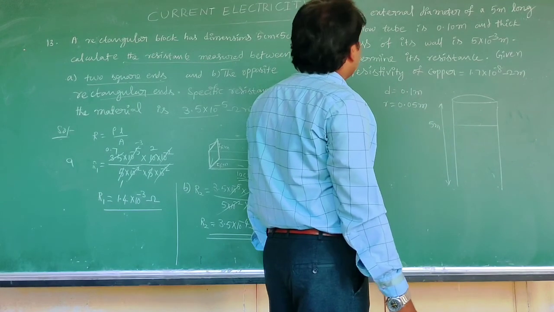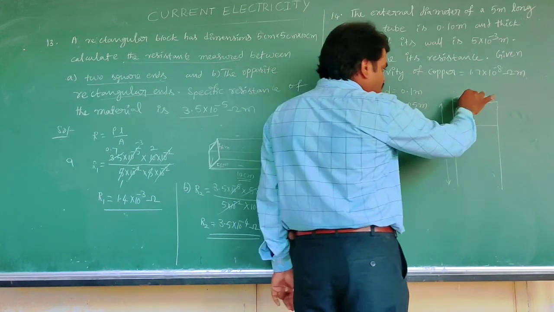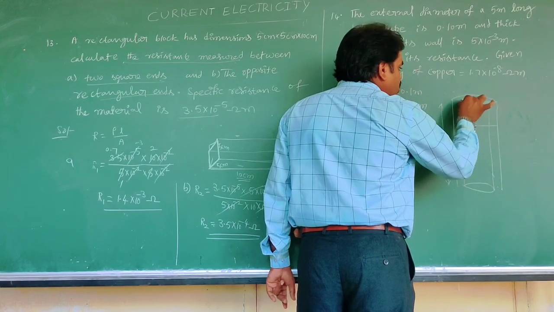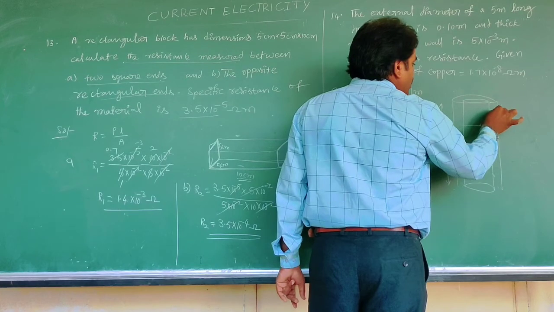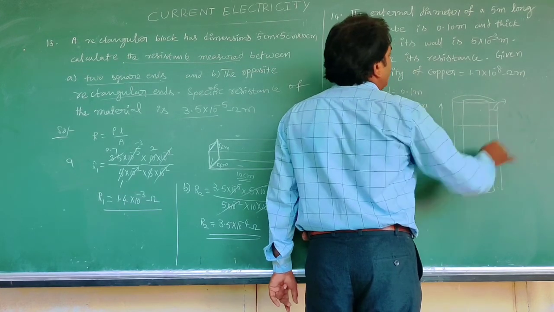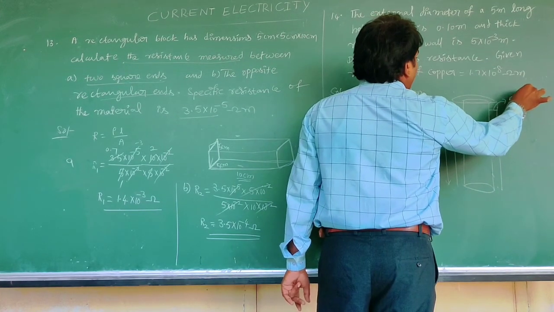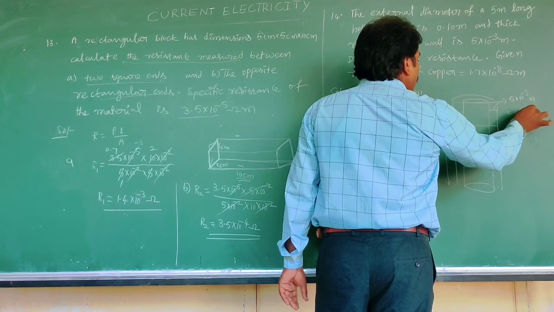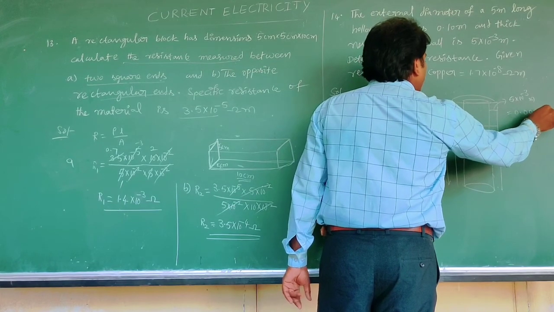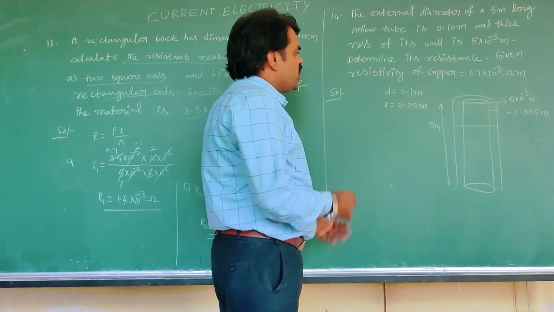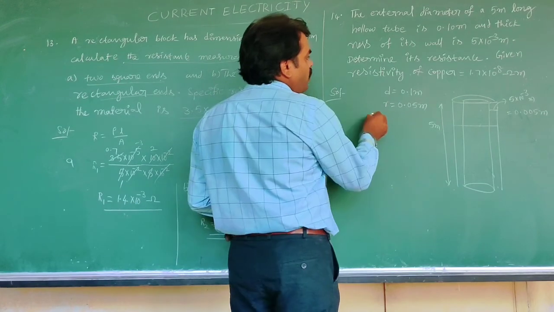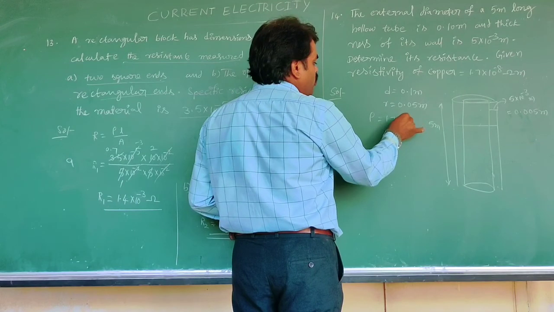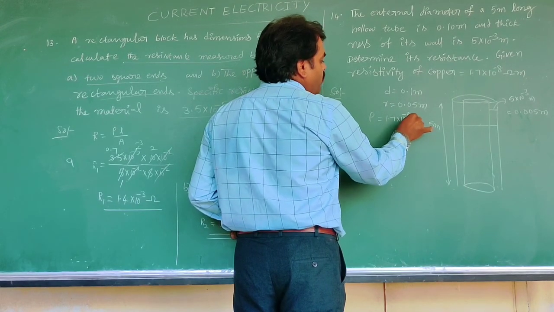And the thickness of the walls is given as 5 into 10 to the power of minus 3 meters, that is 0.005 meters. Now the resistivity of copper is given, for the copper cylinder 1.7 into 10 to the power of minus 8 ohm meter.